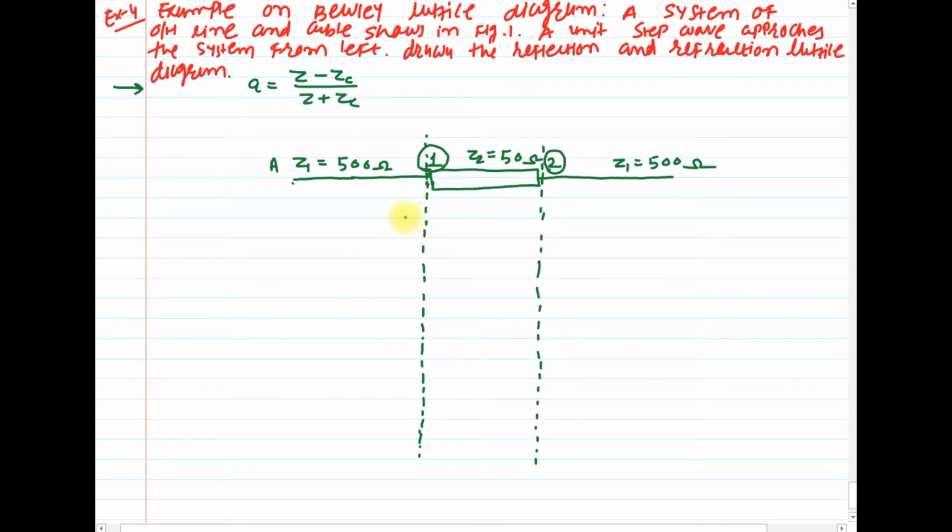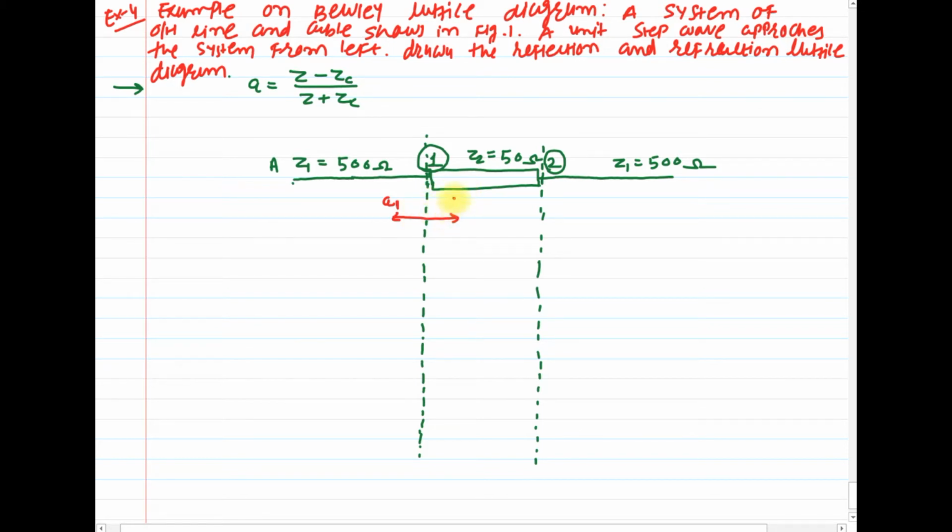Let me first draw in a different color, red, for the reflection coefficient, or I can say for the A. From junction 1, if the wave is reflected at the left hand side, then it is multiplied by A1. We will calculate the values of these reflection and refraction coefficients, but first just assign the values that we have to calculate for the solution of this example.